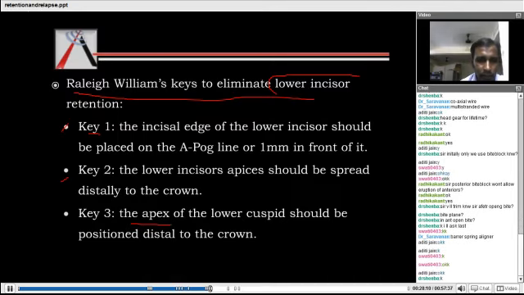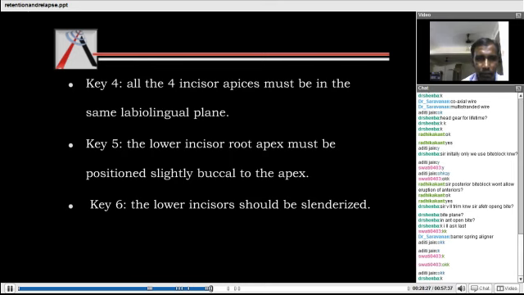The apex of the lower incisor should be distal to the crown. Then, all 4 incisors must be in the same labiolingual plane, aligned properly.